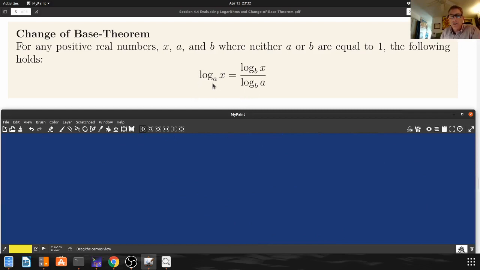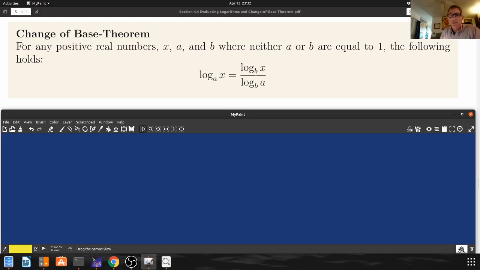Let x, a, and b be positive real numbers where neither a nor b is equal to 1, because they're going to be our bases. The following holds: log to the base a of x. You can choose any base b you want, it doesn't matter. You choose log to the base 10 or the natural log.